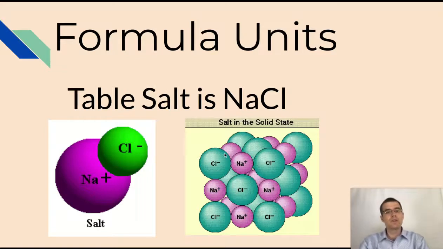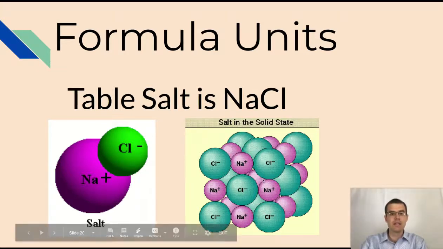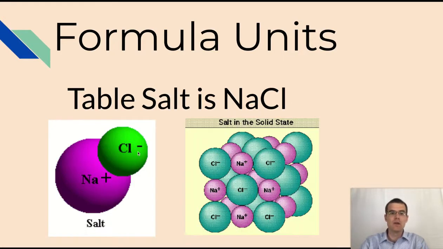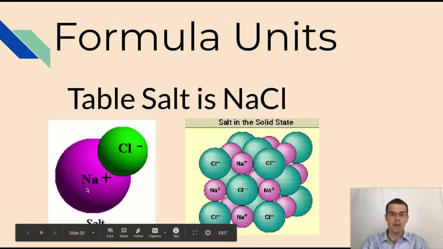Now, one interesting thing about ionic compounds is we have what are called formula units. So here you can see sodium chloride. You can see there's a whole bunch of sodium and chlorines. And this positive sodium is going to be connected to all of these negative chlorines because they're positive and they're attracted to negative things, and negative are attracted to positive things. But if you were to break this sodium chloride crystal into the tiniest possible piece, you would have 1 sodium ion and 1 chloride ion.